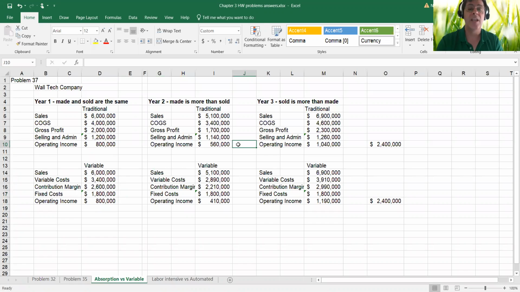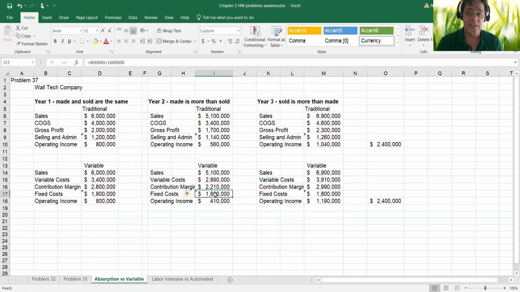However, in a year that you made more than you sold, you're going to actually have a lower operating income, because instead of some of your overhead that's fixed being assigned to the ending inventory, see, at the end of this year, year 2, you made 200,000, you sold 170,000.